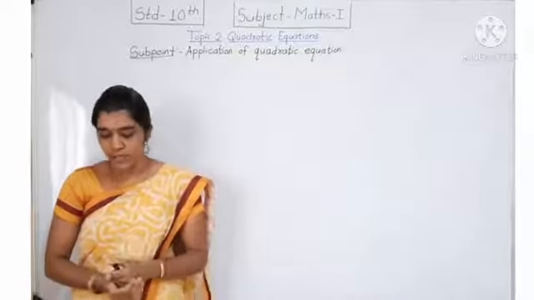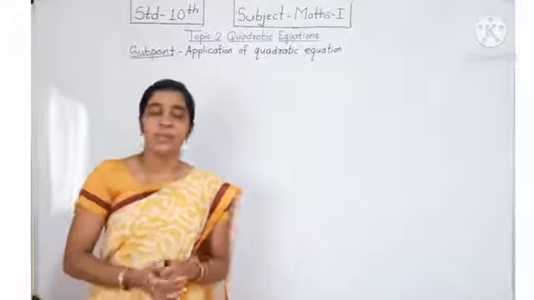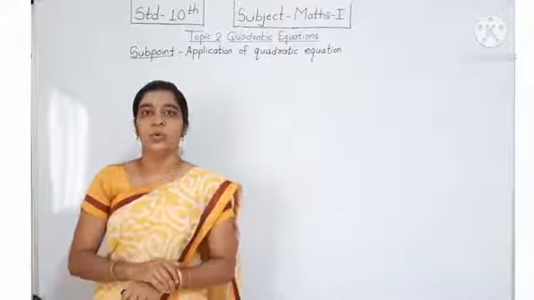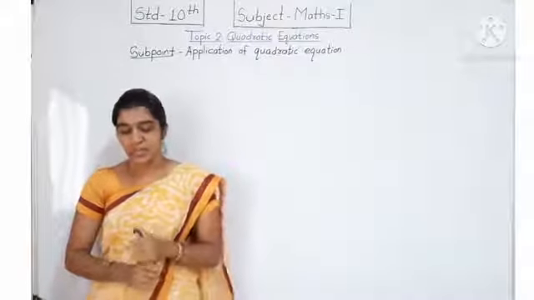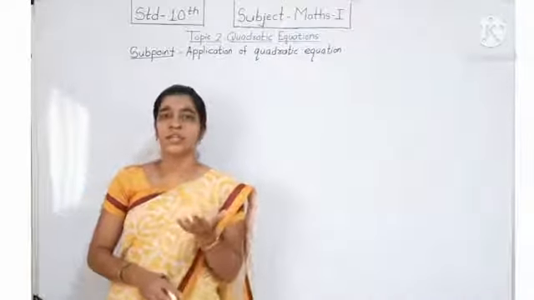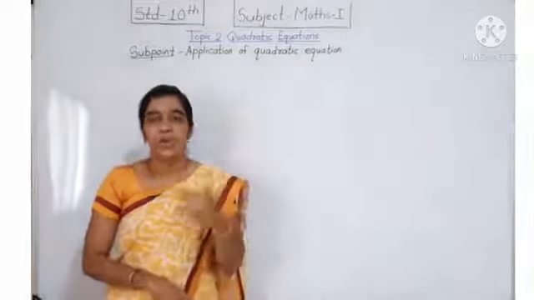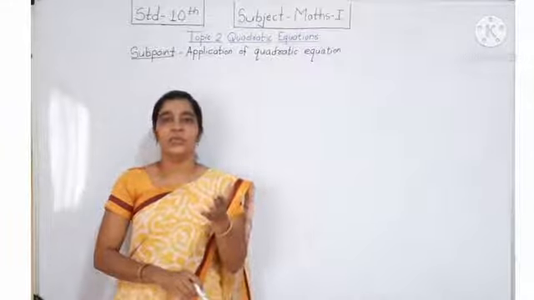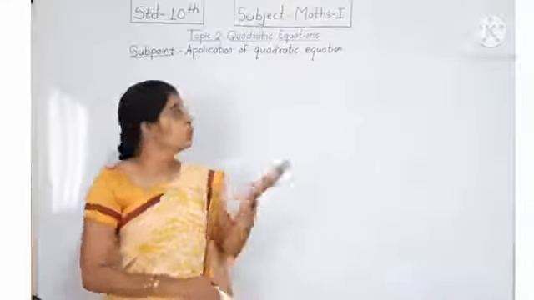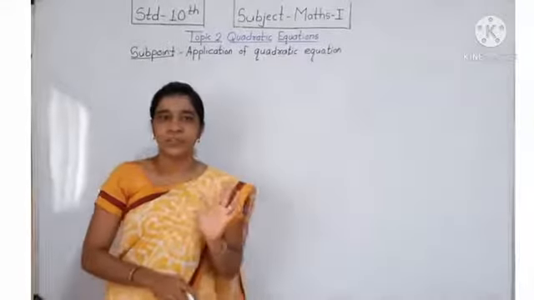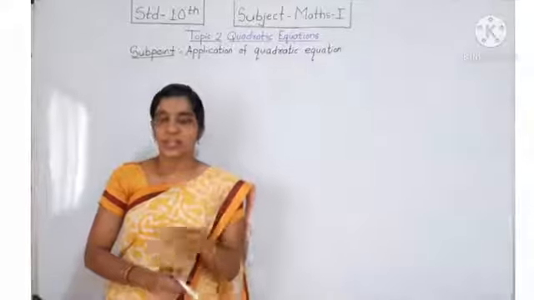How do quadratic equation problems arise in our day-to-day life? We have to convert that problem into a quadratic equation. We are given a word problem, and we have to convert this word problem into a quadratic equation. There are 3 steps.